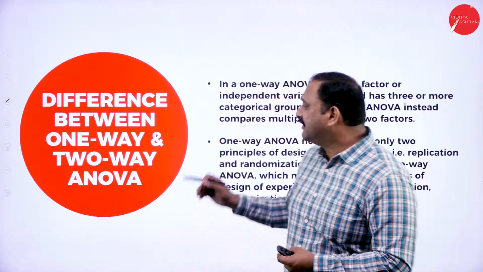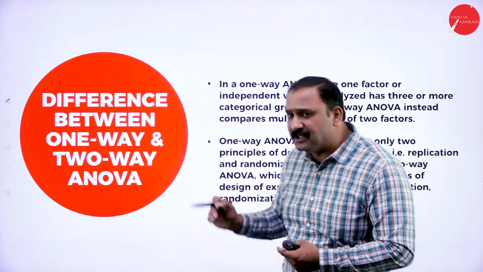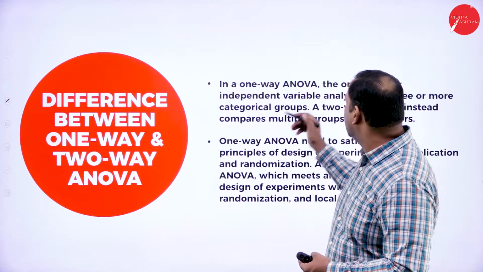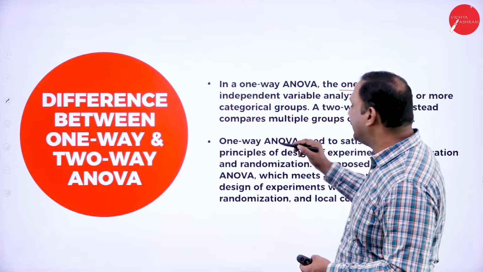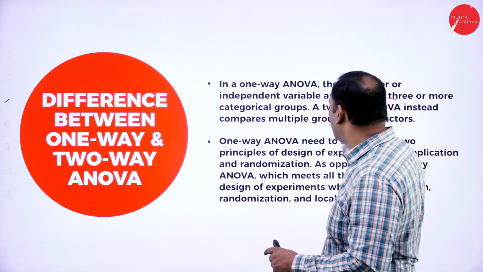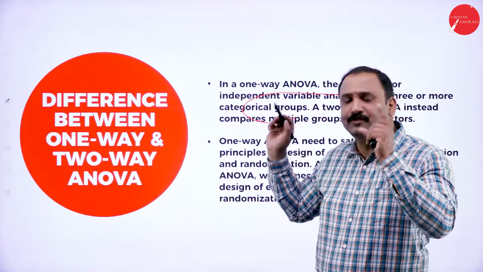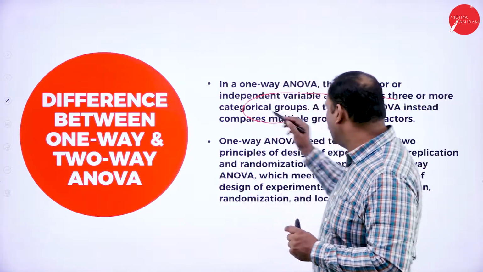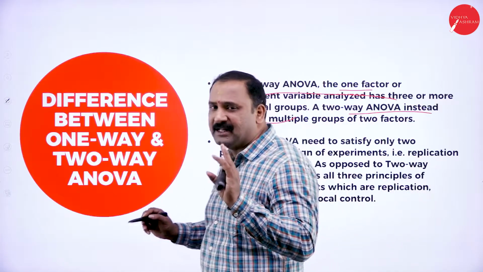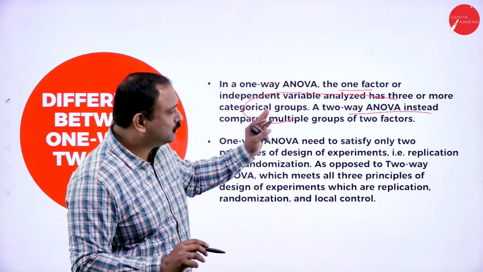Followed by that, the difference between the one-way and the two-way ANOVA also includes that the 1 factor or independent variable has already been analyzed, and there are 2 or 3 categorical groups, as I have mentioned. A two-way ANOVA instead compares the multiple aspects here of the 2 group factors.